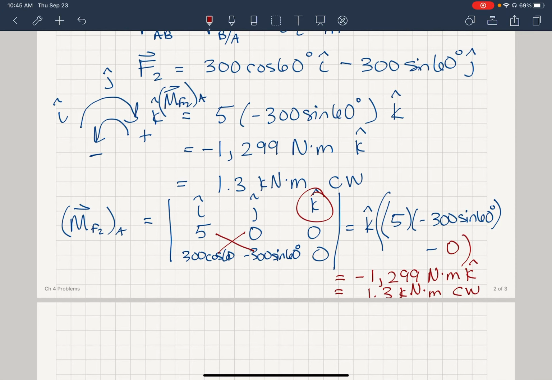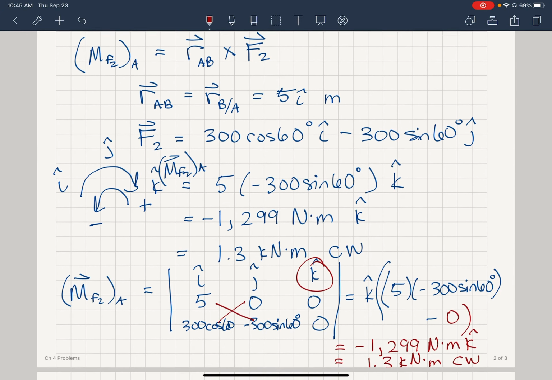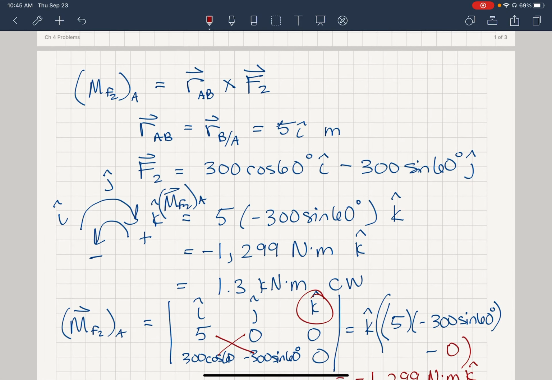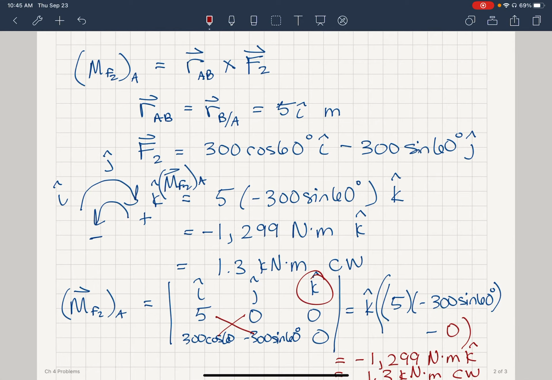I just showed those two to you because there are alternative ways you can solve it. The last way is just using the vector method like we did before. You would just do the distance times the perpendicular component of the force, or the perpendicular distance times the force.